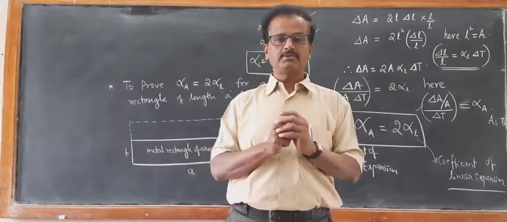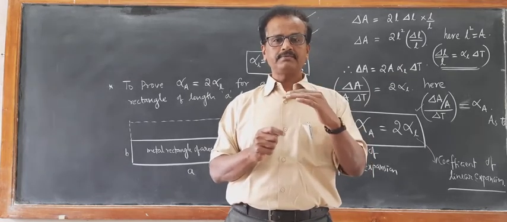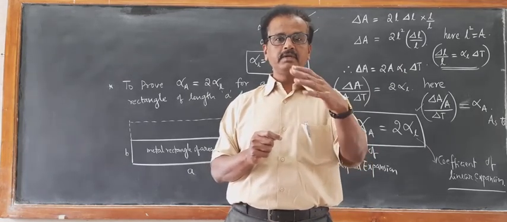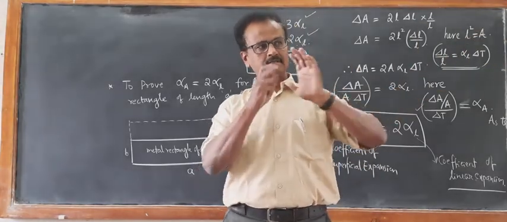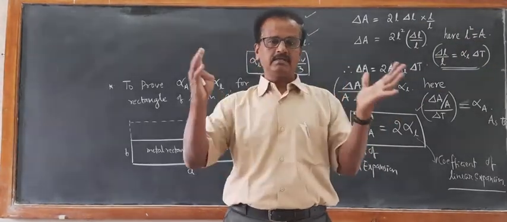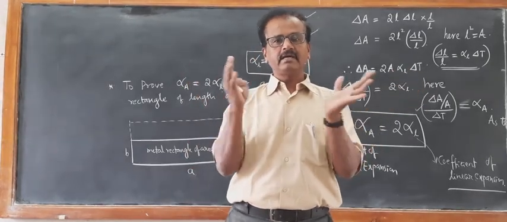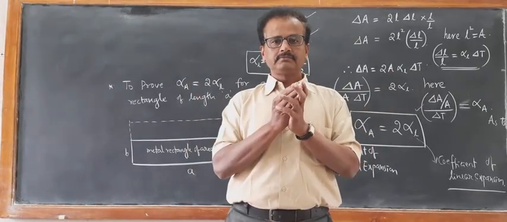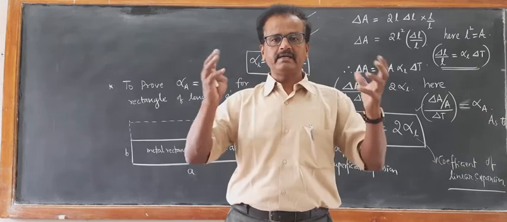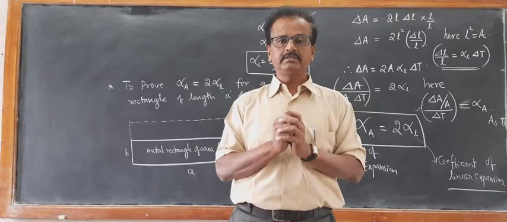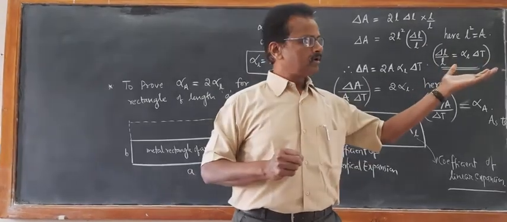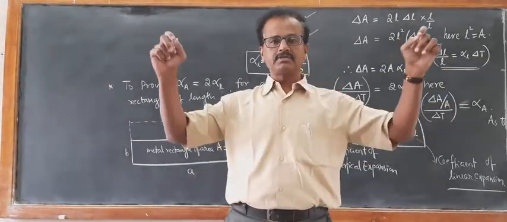Kolar bridge you might have observed. In between there is a gap. So when your vehicle is moving, you will experience that gap. Or you can observe it from a distance. There will be a certain gap so that in the summer season it can expand, and there will be no thermal stress even for the concrete.